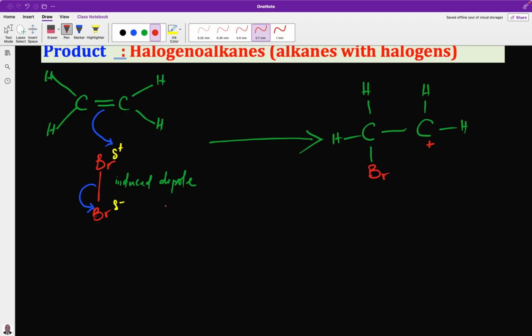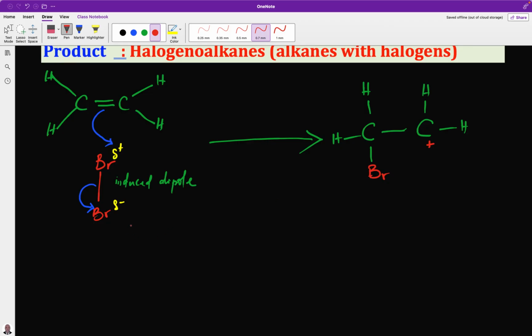Secondly, the pi electrons that are here will repel the bonding electrons towards this other end of the bromine. When that happens, it results in heterolytic fission. This bromine with no bonding electron will benefit from the pi electrons. It will accept the lone pair of the pi electrons to form a bond here with this carbon.